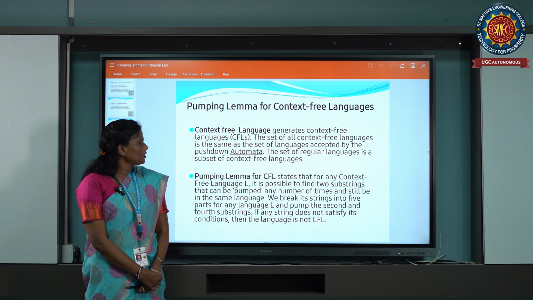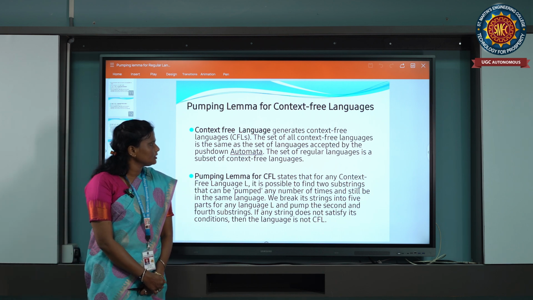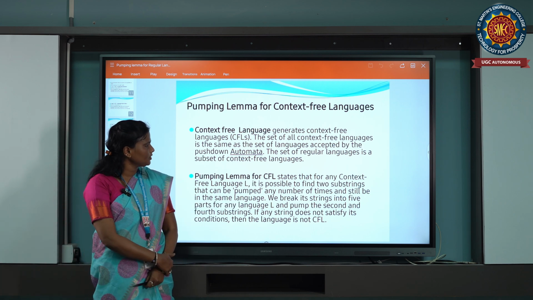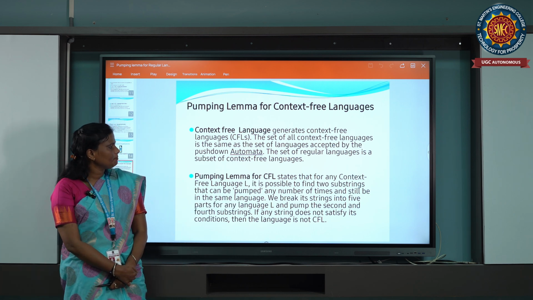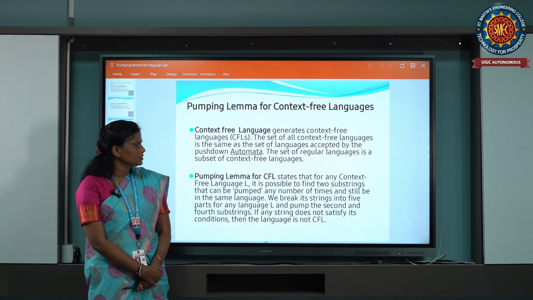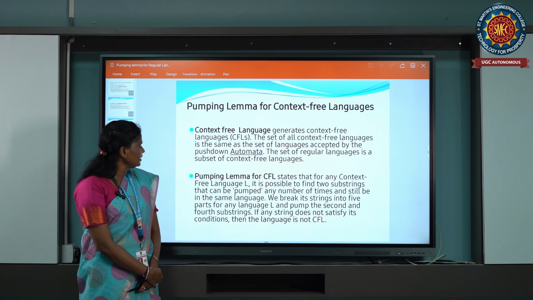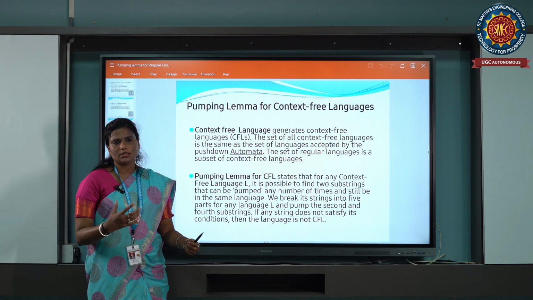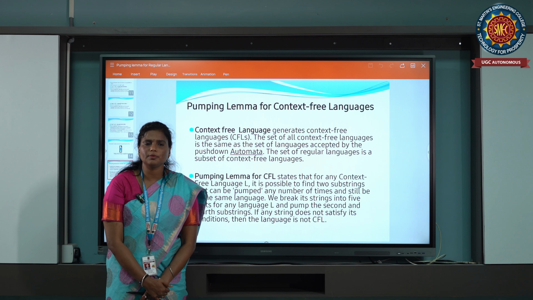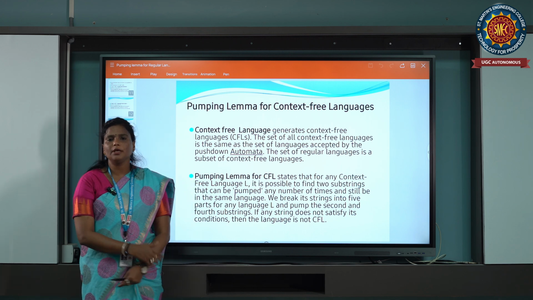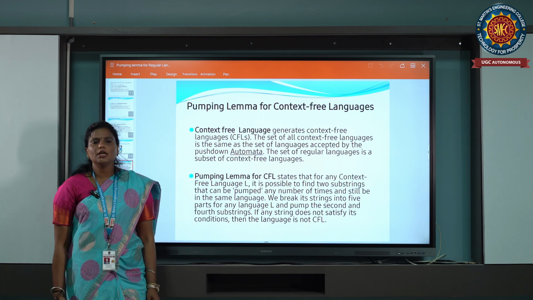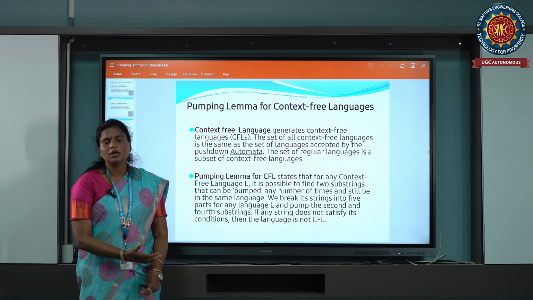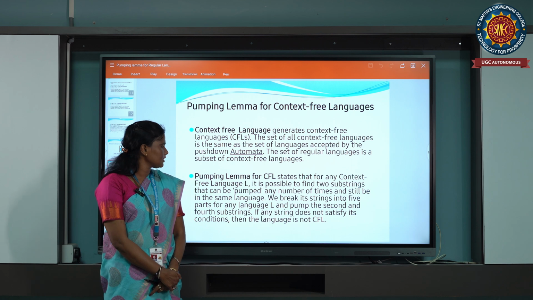The pumping lemma for context-free languages states that for any context-free language L, it is possible to find two substrings that can be pumped any number of times and still be in the same language. Otherwise, it is not considered a context-free language.